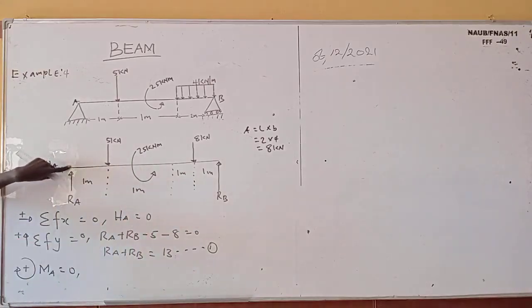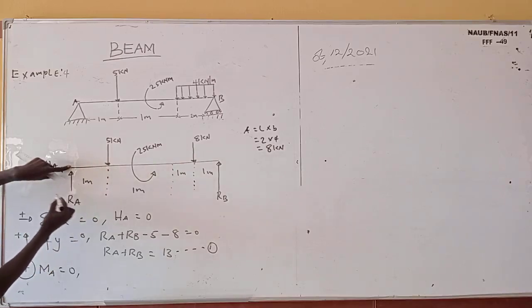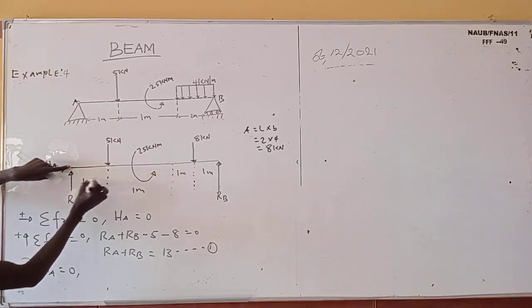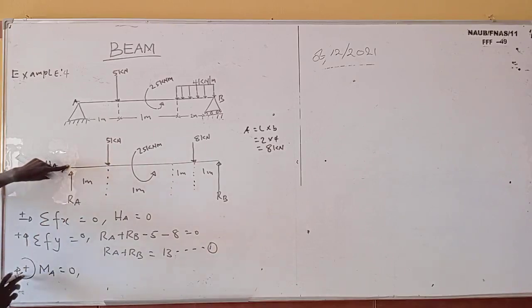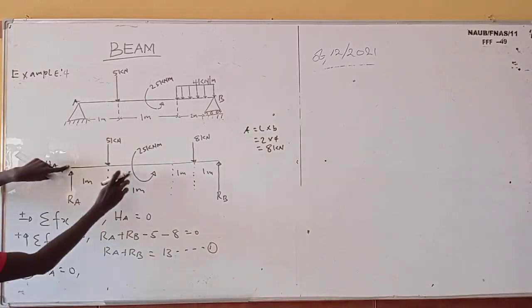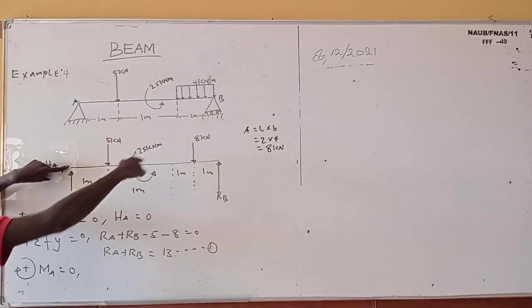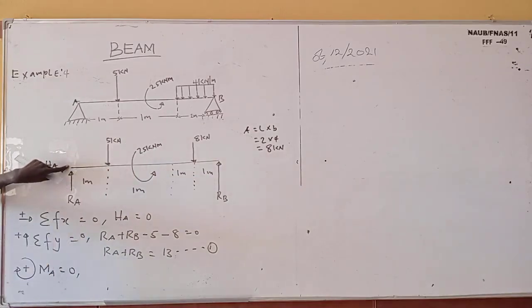Let's consider our forces first. This downward force is going to give me a positive moment, because it's going to move clockwise, and clockwise here is positive. This one too is positive, while this one will be negative. But our moment, is this one clockwise or anti-clockwise? It is anti-clockwise, so it's going to be negative. Do you get that?